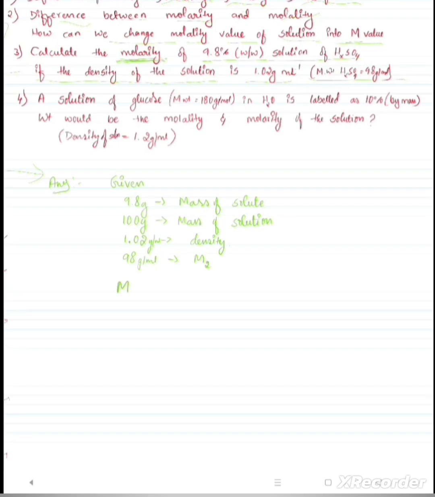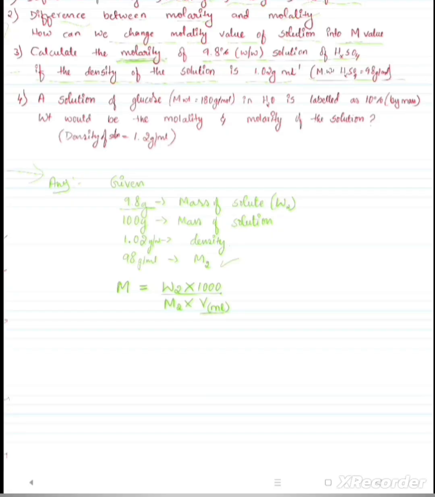Molarity, capital M, is equal to W2 into 1000 divided by M2 into volume in ml. We know W2, the mass of solute, and the M2 value is also there.